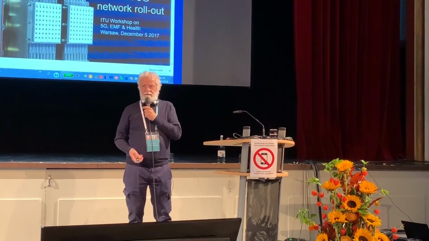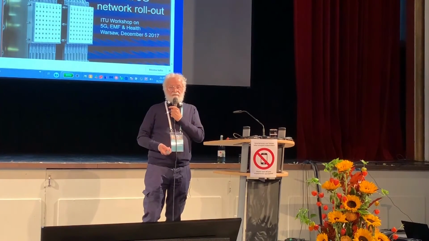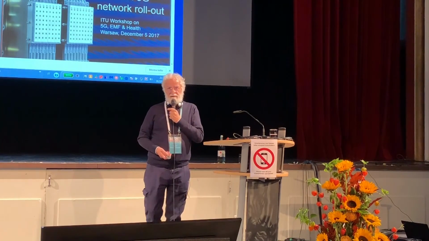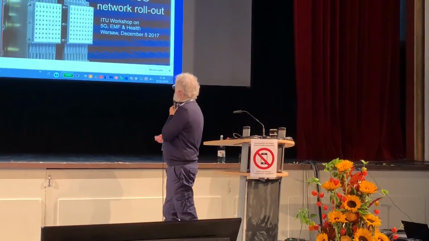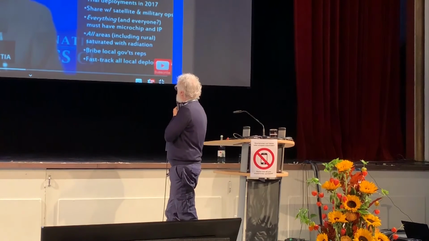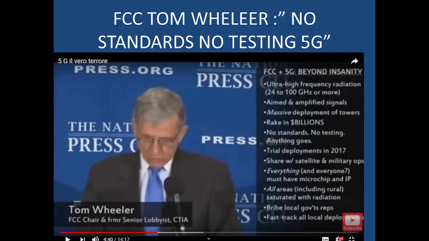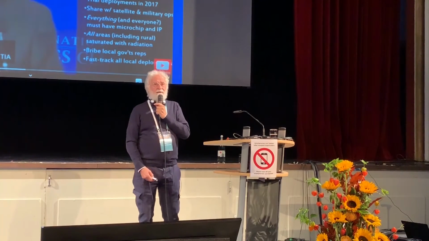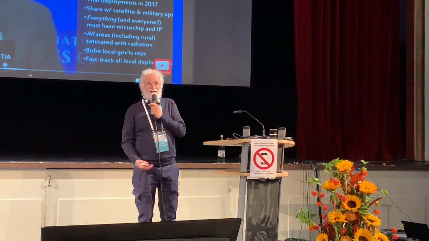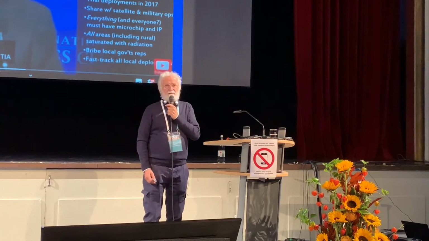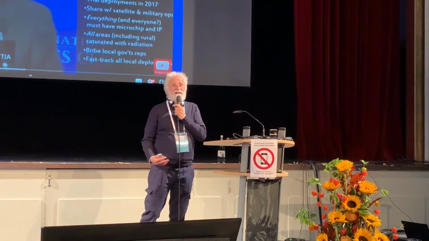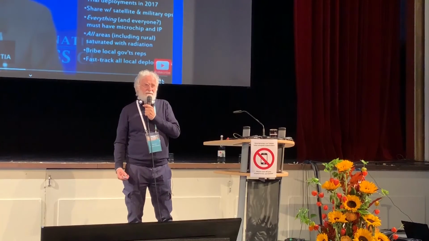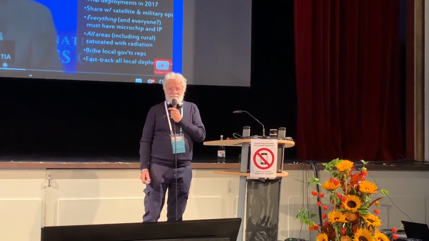And they function from 24 to 39 gigahertz. Next. The Federal Communications Commission in the United States, of its own will, says 5G is such big business that we use no standards, no testing for people. Next.